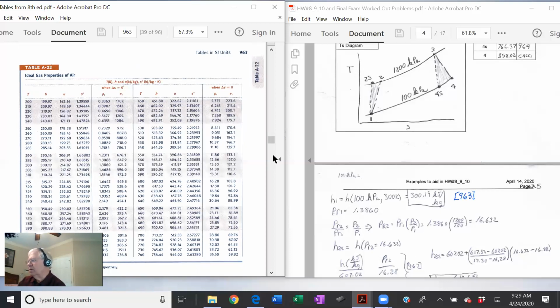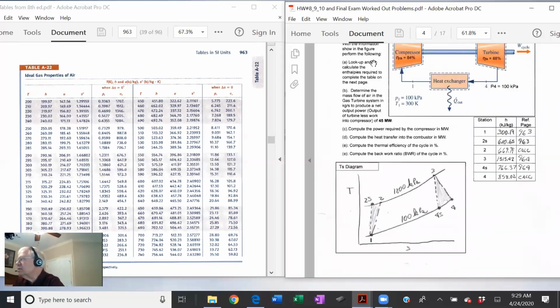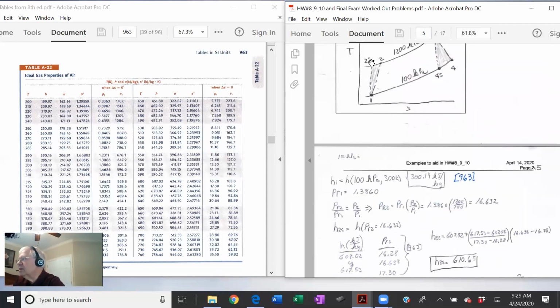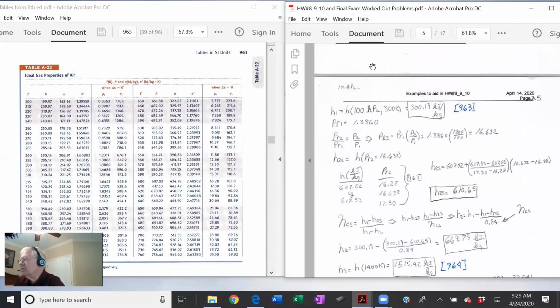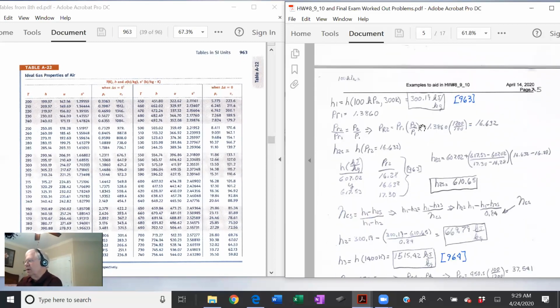Okay, we need H2S, and if we can get H2S, we can use the isentropic compressor efficiency. I believe it was 84%, to calculate H2. Well, here's how we do it. We hadn't done this before, so pay attention.